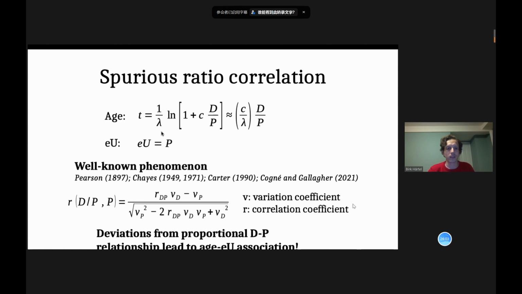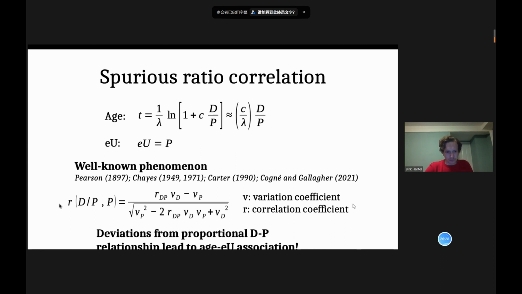Well, as we can see, the age in our case is nothing else but a constant value, in parentheses here, times a ratio. And the EU is just the denominator of that ratio. So we could say the D/P ratio is basically the age, and the denominator of this D/P ratio is EU.